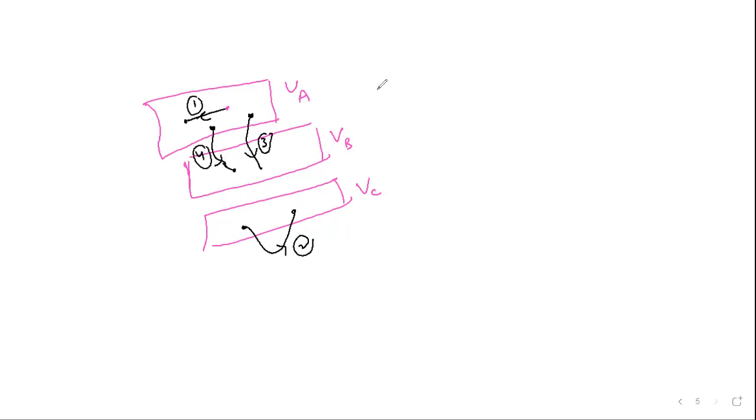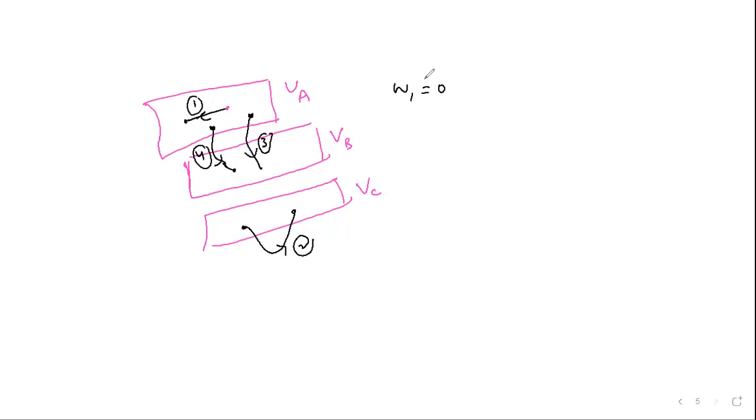Work done by the electric field for path 1, W1, is 0. Why? Because points which are connected by path 1 lie on the same equipotential surface. So VB and VA are same. Work done by the field is 0.